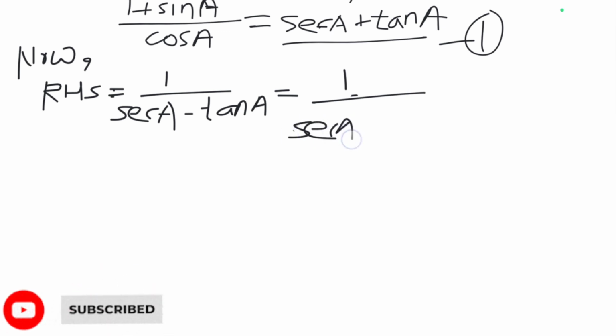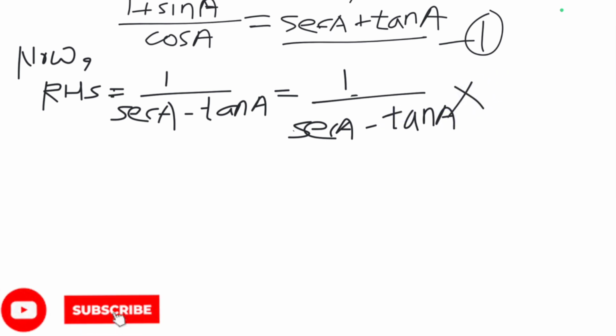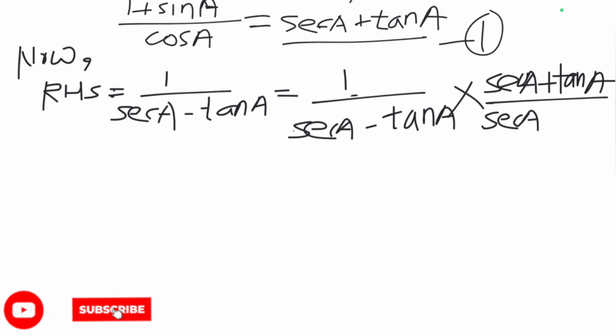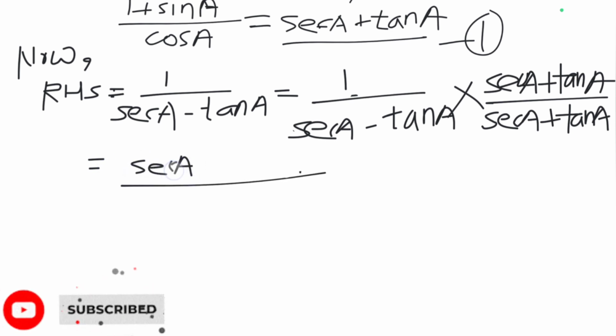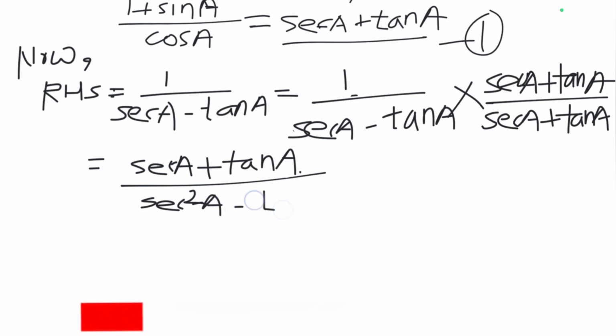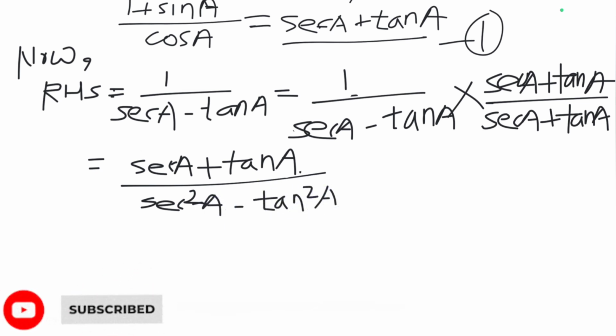So it will become 1 upon sec A minus tan A, multiplied by sec A plus tan A upon sec A plus tan A. Now it is sec A minus tan A, sec A plus tan A, means A minus B, A plus B. So I will write here A square minus B square, that is sec square A minus tan square A.